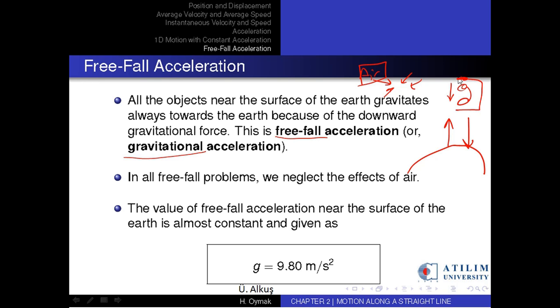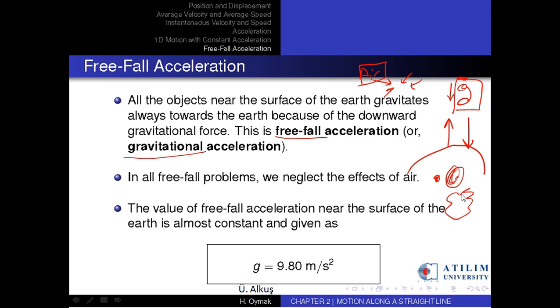We will use the letter g for the magnitude of this acceleration.